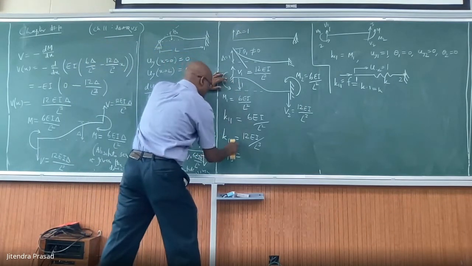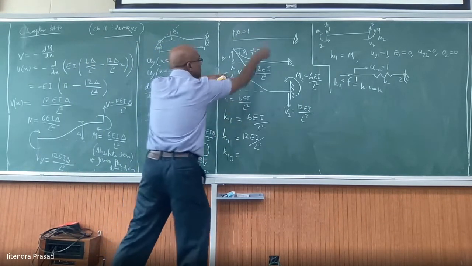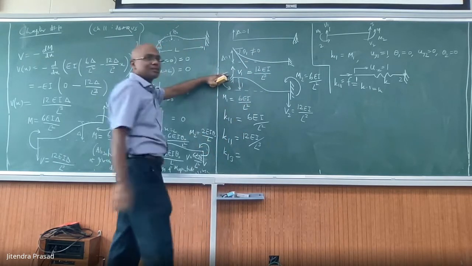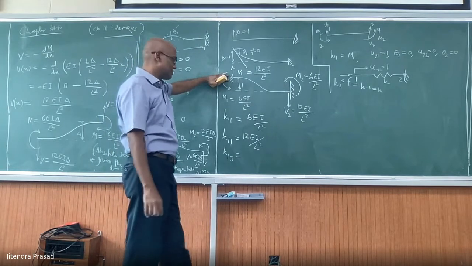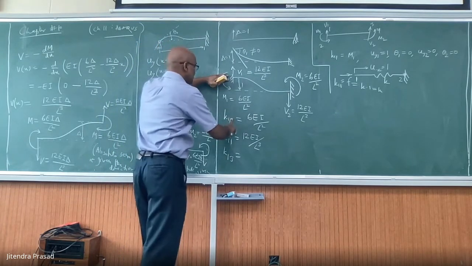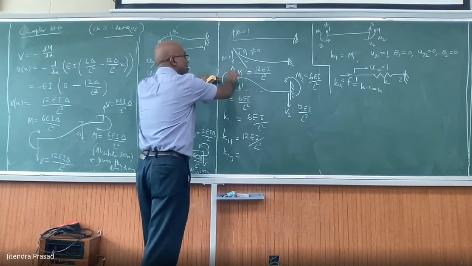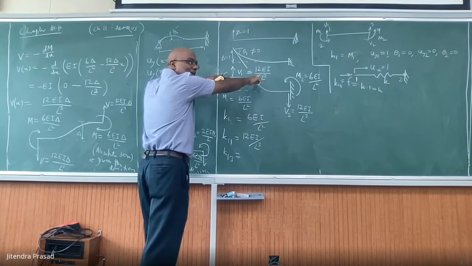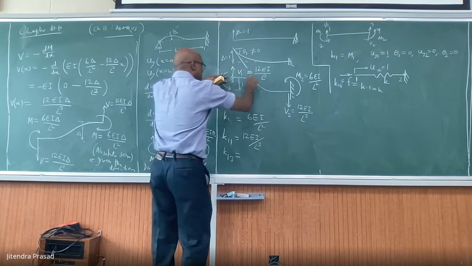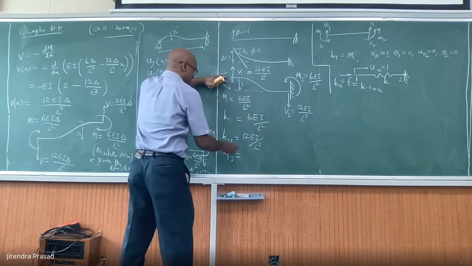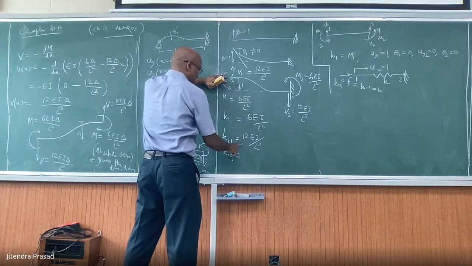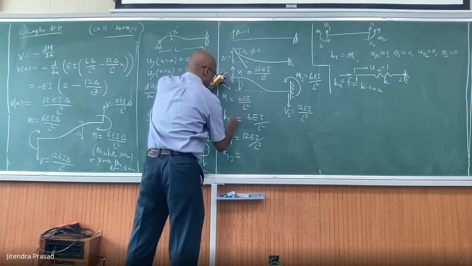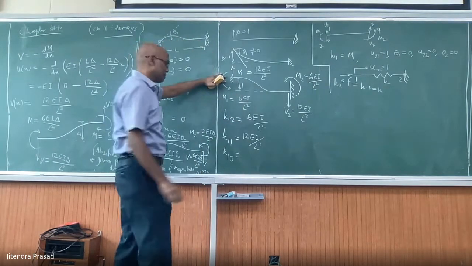This becomes K11 because degree of freedom 1 is upward. Because displacement is 1 and force is this much. So this is K11. V1 will be K11. K12 will be this one. So K12 is 6EI.